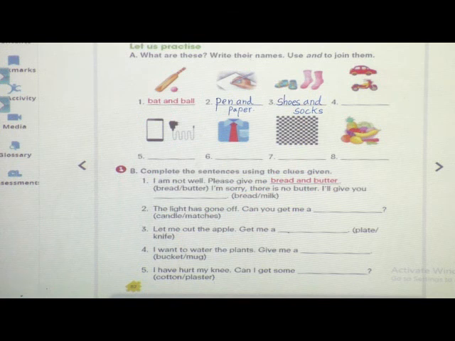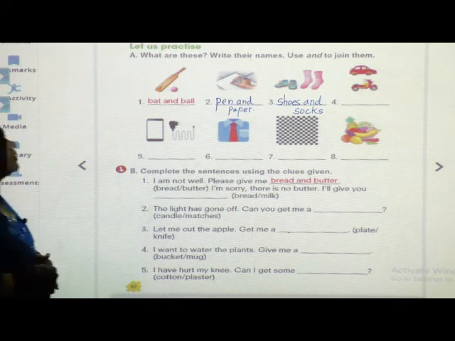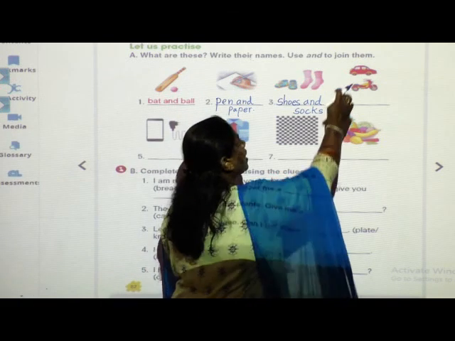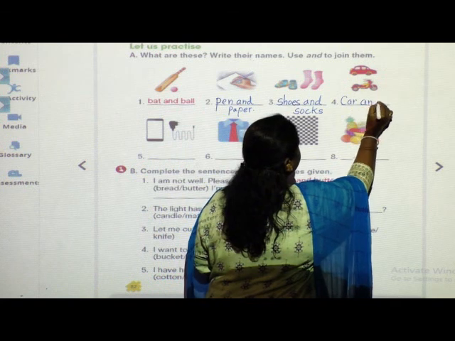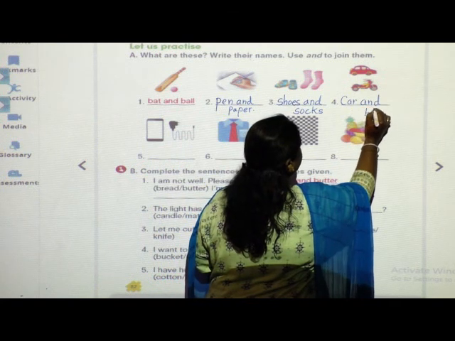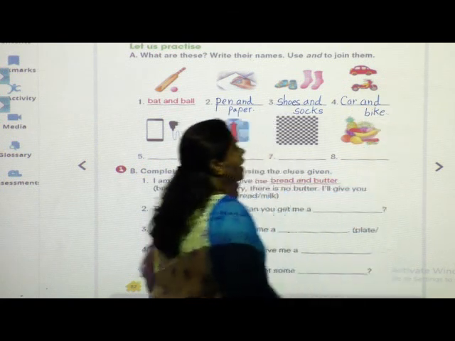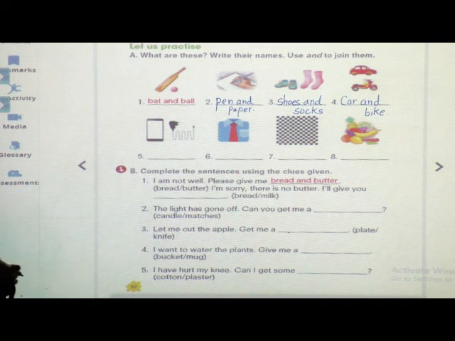Now let us join the other two pictures, other two words. The fourth one is car and bike. You can see both the nouns here, car and bike. Car and bike. Okay?